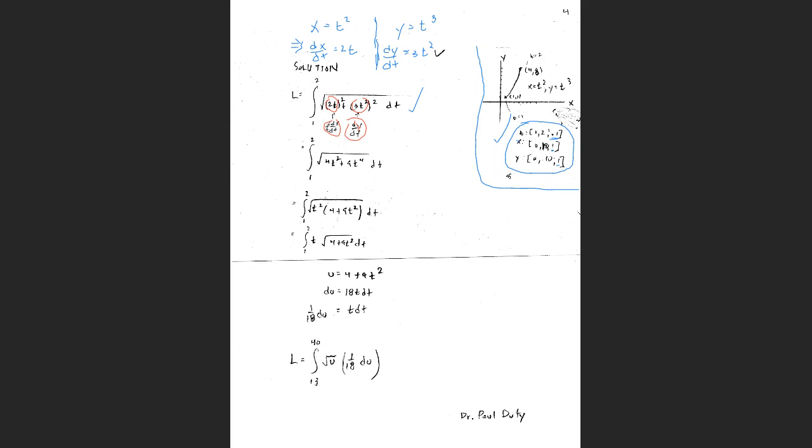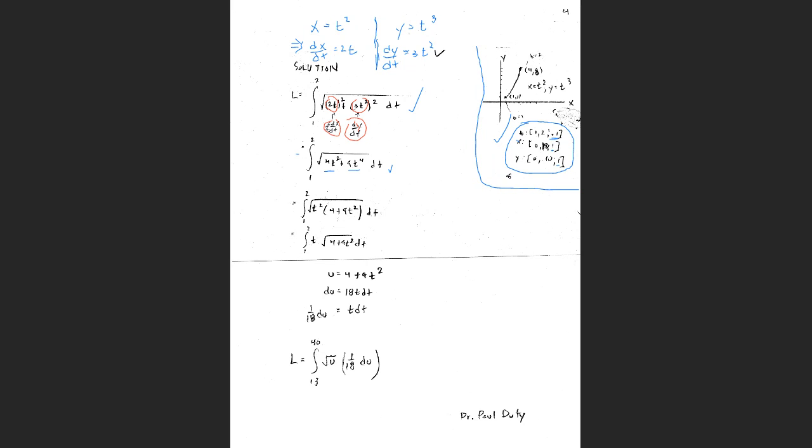Are there any questions on this? All right, so we have the integral from 1 to 2. If we take 2t and square it, we get 4t squared. If we take 3t squared and square it, we get 9t to the 4th.